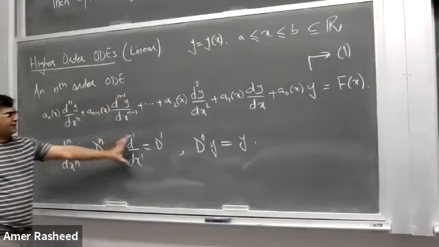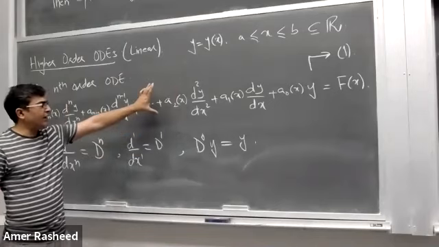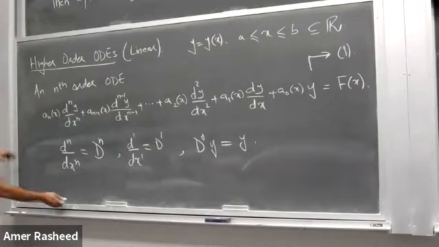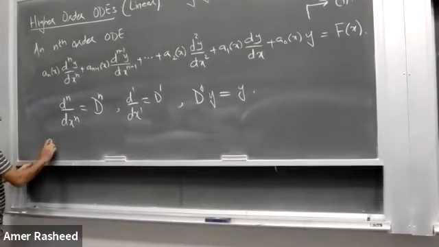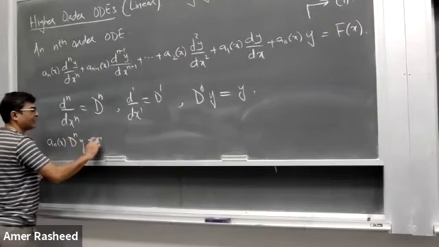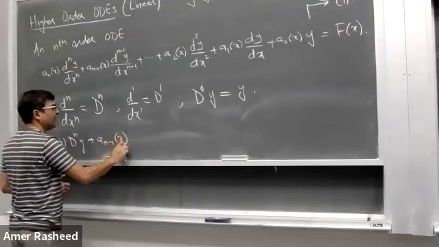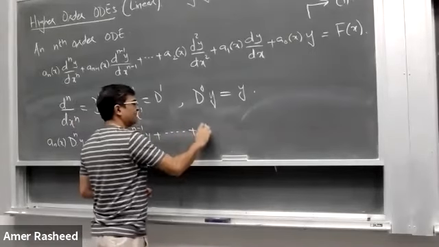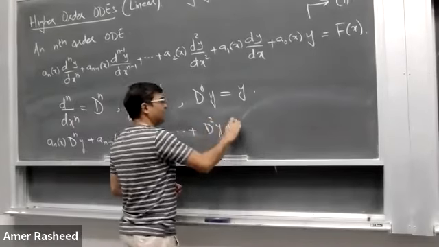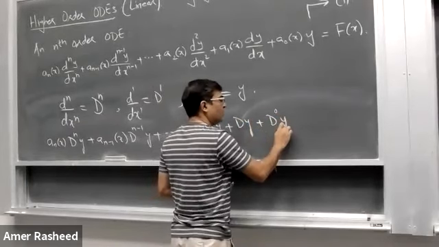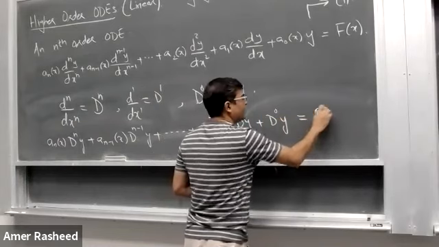If we introduce this notation and we rewrite this differential equation, how can I write this thing? I can write: an of x dn y plus an minus 1 of x dn minus 1 of y plus so on plus d2y plus dy plus y or d0y, okay, equal to f of x.